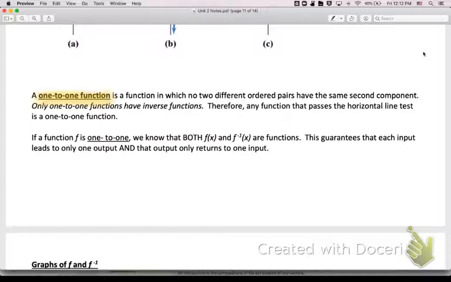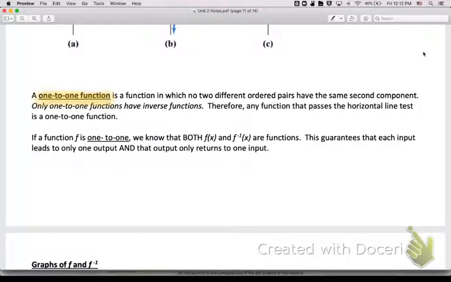Only one-to-one functions have inverse functions. Therefore, any function that passes the horizontal line test is a one-to-one function. So that's how you can test that a function is one-to-one, by using the horizontal line test.